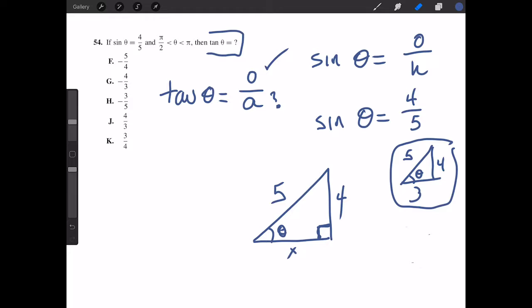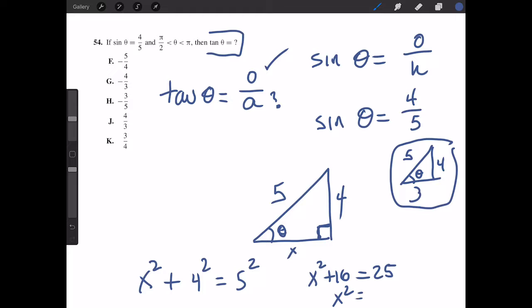But again, if you don't know that special relationship or special triangle, you can still figure it out using the Pythagorean theorem. Remember, x squared plus 4 squared should be equal to 5 squared. The sum of the squares of the sides should be equal to the hypotenuse squared. Well, 4 squared is 16, 5 squared is 25, so that gives us x squared plus 16 equals 25.